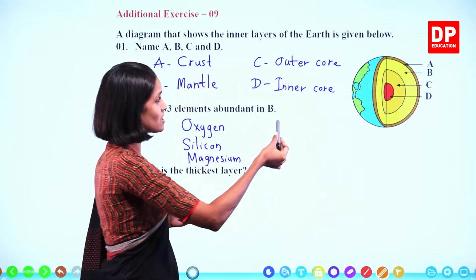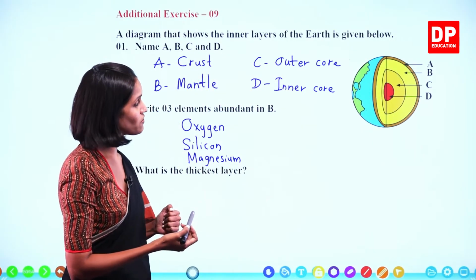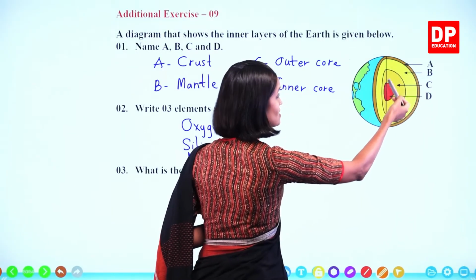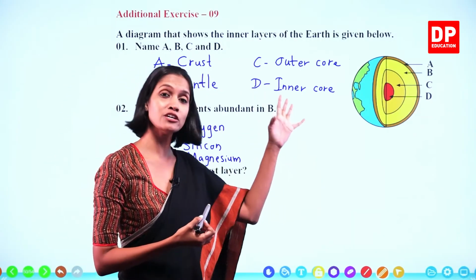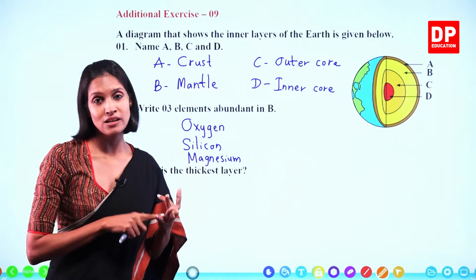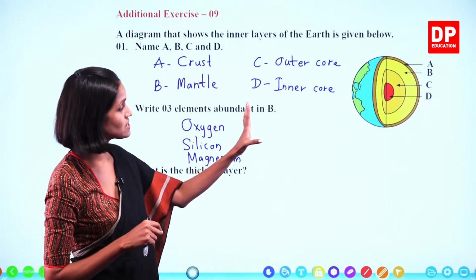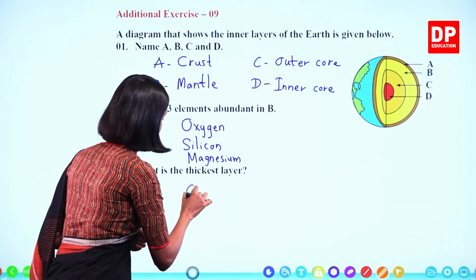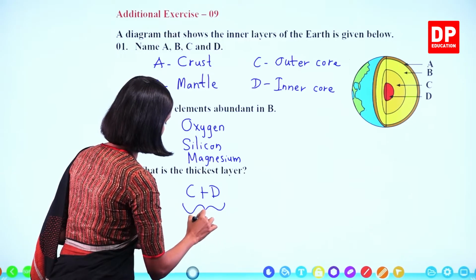So the thickest layer is the combination of C and D. Otherwise, if you take it separately out of these 4 layers, the thickest layer is B. But we all know that when we consider the main layers of the earth, we consider the 3 layers: the crust, the mantle and the core. Out of those 3 layers, the core is the thickest layer. Therefore, we will consider C and D together. What is the thickest layer? C plus D, both. It is the core.